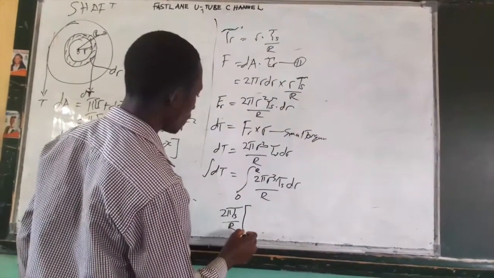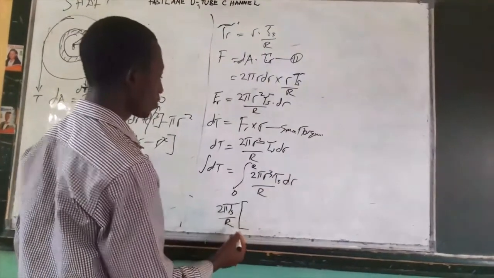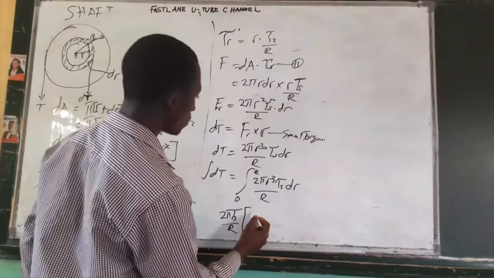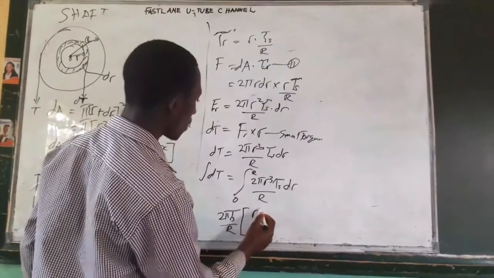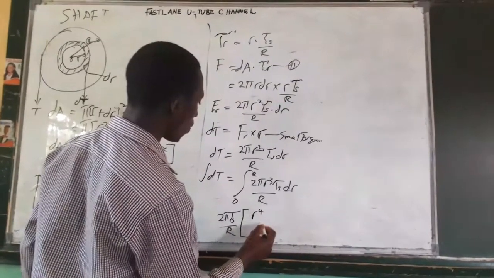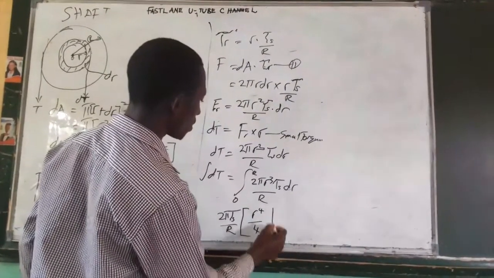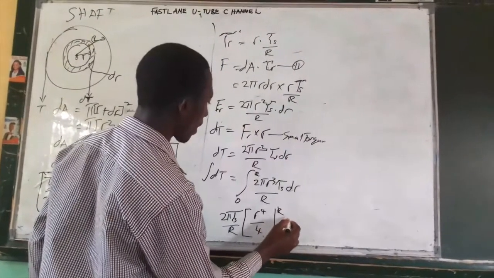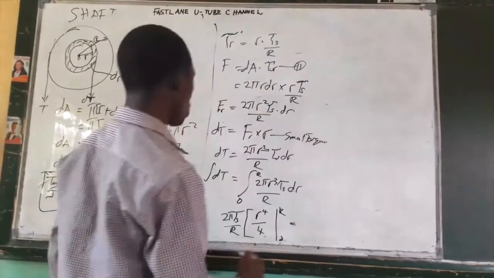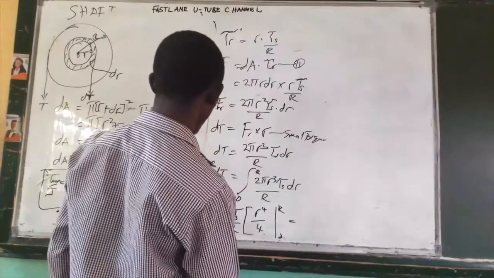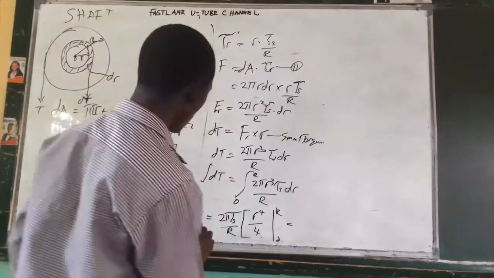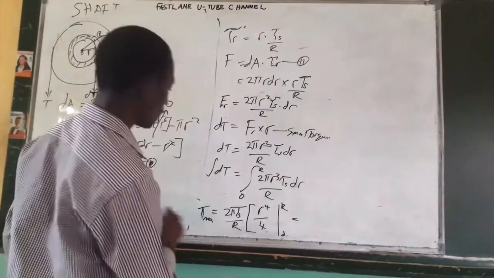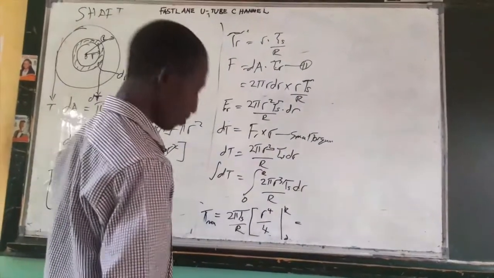Integrating gives r to the power 4 over 4, and substituting the limits from 0 to R, this makes our T max at the surface of the shaft.